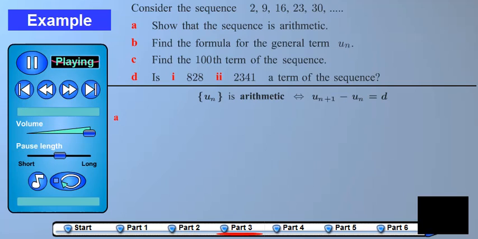In part A, we need to show the sequence is arithmetic, so we seek a common difference between consecutive terms. We note that 9 minus 2 is 7, 16 minus 9 is 7, 23 minus 16 is 7, and so on.